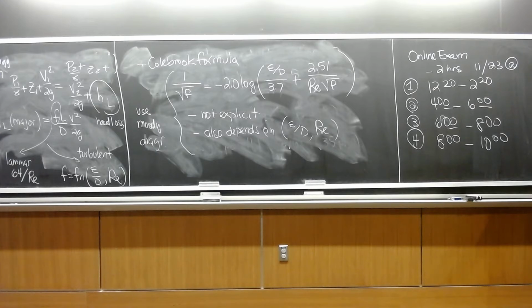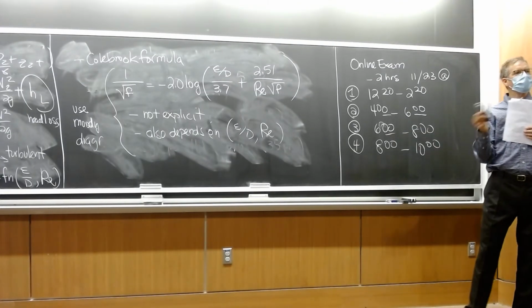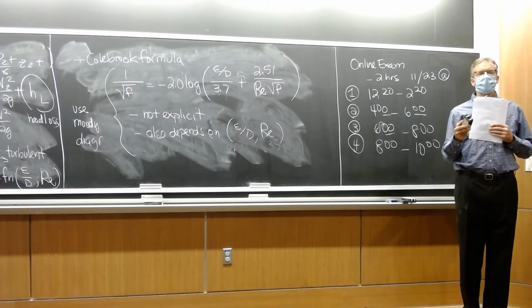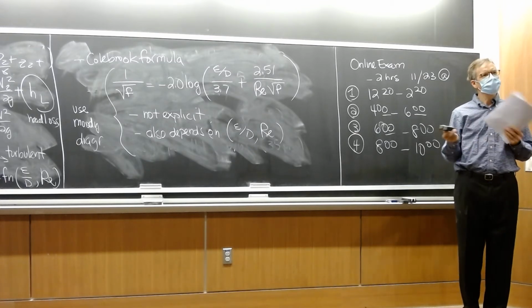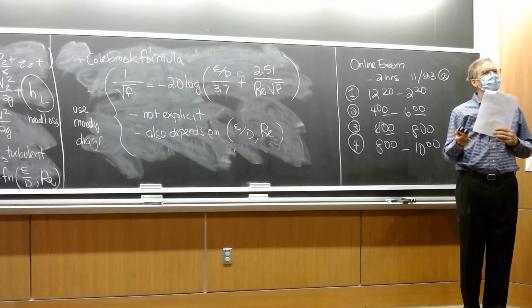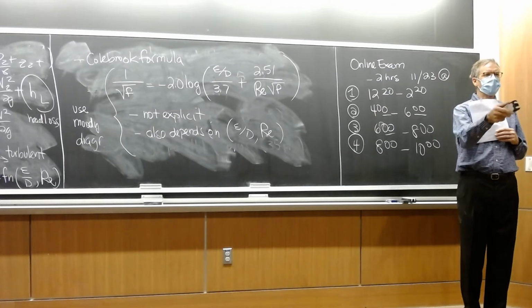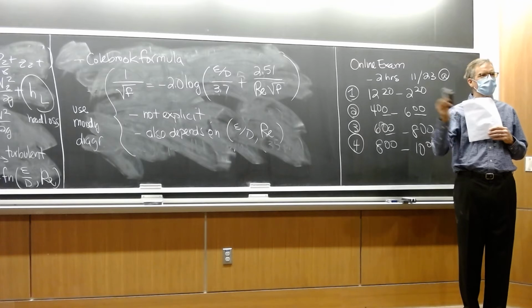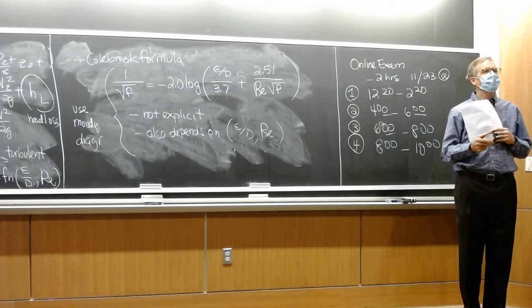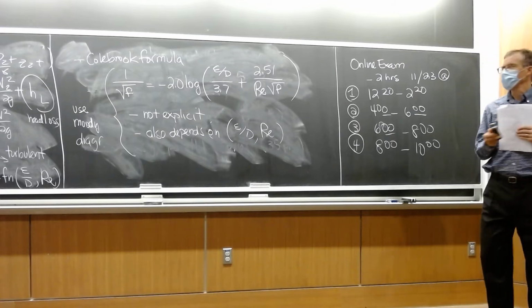I could imagine one where you're just given the relative roughness and the Reynolds number, and you look that up. Or it could be a cast iron pipe of 6 inches and the velocity is such and such, where you'd have to do some calculations to get the two numbers and then come up on the Moody diagram.